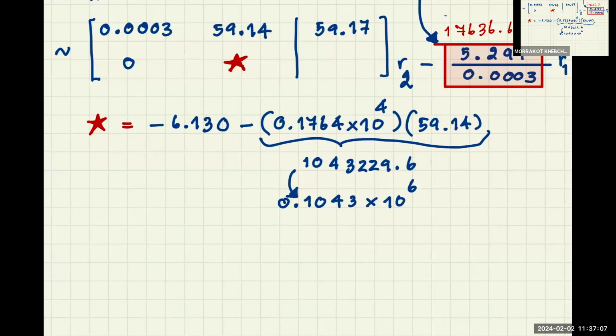Since I want only 4 digits, so you have, let's see, minus 1. So it's about, okay.